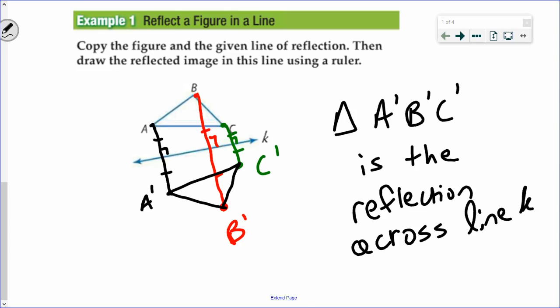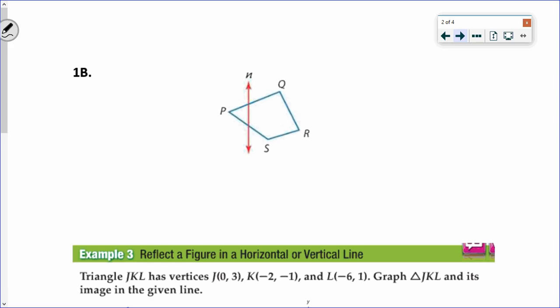Okay, so if you're coming back to us now, we are going to reflect all of these points. Let's start with point P. We want to reflect it across line N. So if we were reflecting point P across N, that's going to take us back over this direction, and right there would be point P prime.